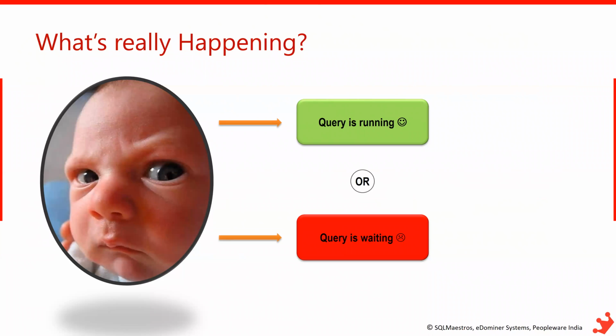It might have to wait for IO if there are already a lot of users connected to SQL Server doing a lot of IO activity. That is a scenario where we say your query is waiting. So in the life cycle of your query, it is running at times, and at times it is waiting. It keeps going that way, running, waiting, running, waiting, and it just continues to do that.